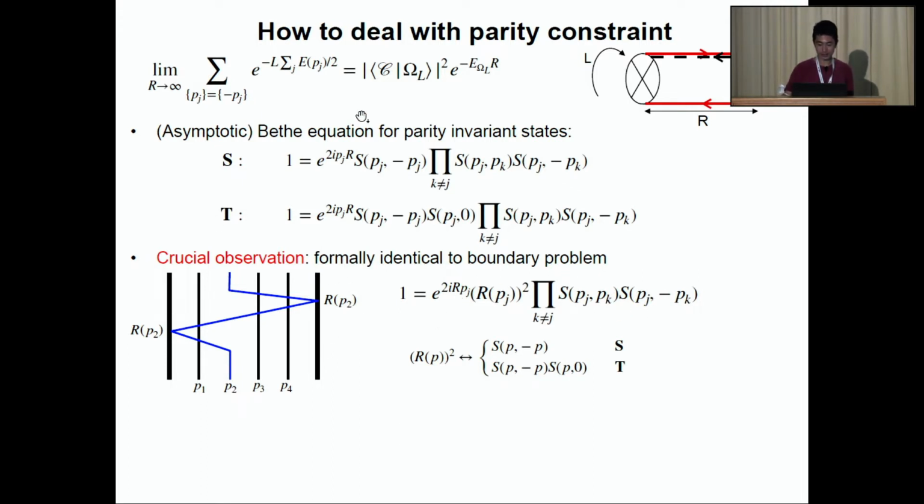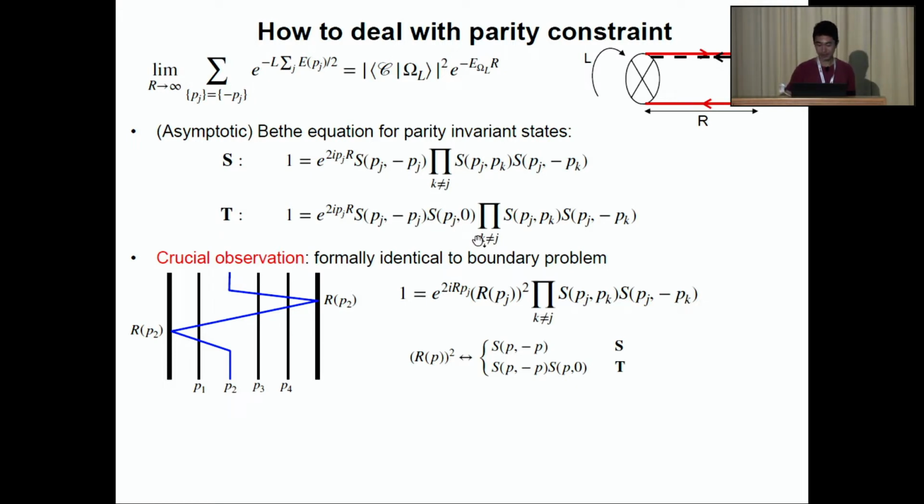If you compare this, and then you immediately notice that if you replace RP squared with SP minus P, then you get the equation for this sector, which I call S sector. And if you replace RP squared with this combination of S matrix, then you get this T sector.